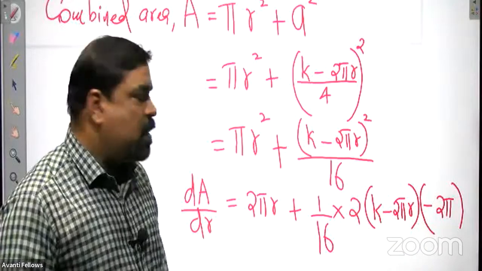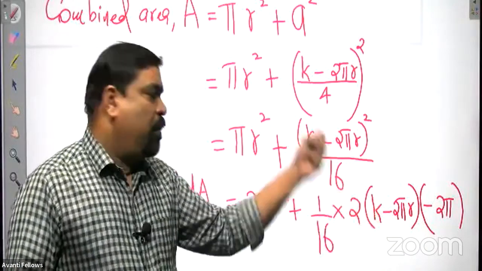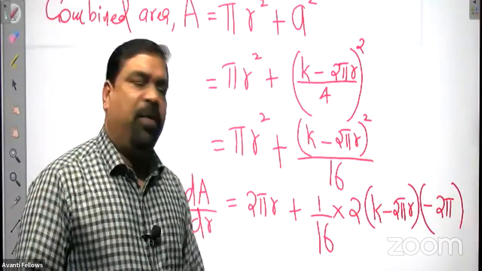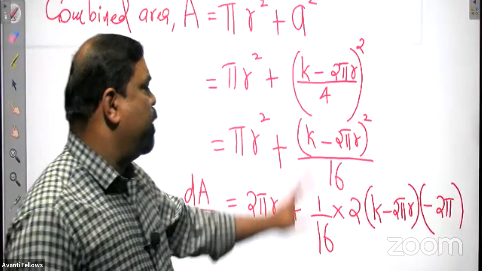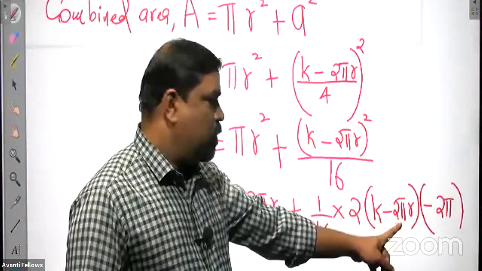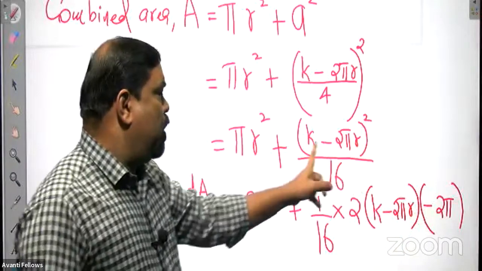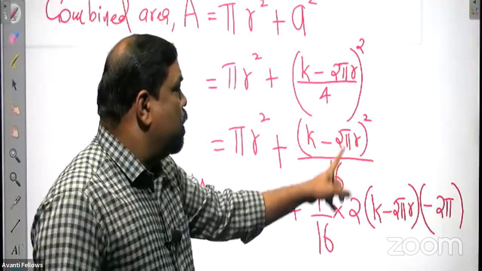Sometimes we may commit some mistake, then everything will go wrong. So derivative of k minus 2 pi r whole square means 2 times k minus 2 pi r into derivative of k minus 2 pi r. Derivative of k minus 2 pi r is minus 2 pi.